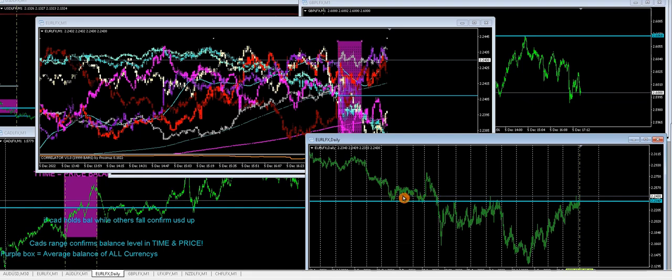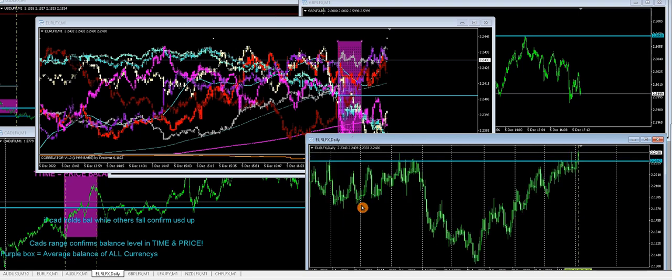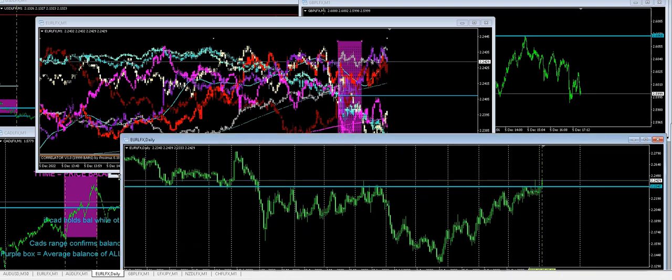Now this level here, let's zoom in. This is why we have to be dynamic. So let's just take this range. We'll just go from here, let's say. The down move is here. The balance point will be here, right?